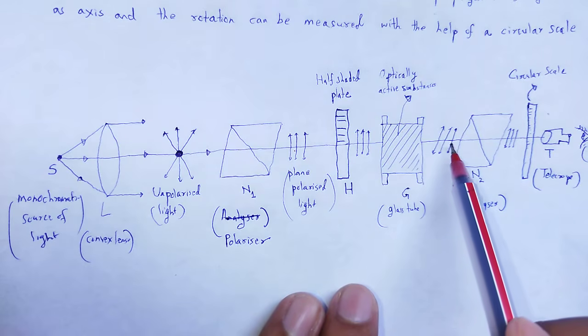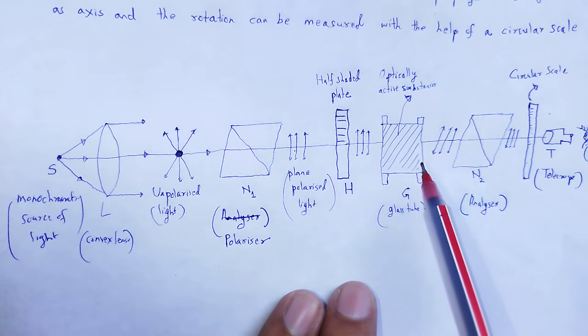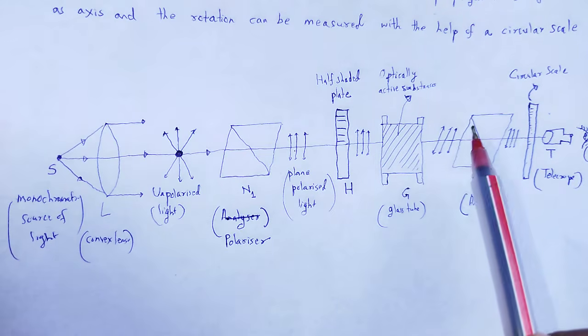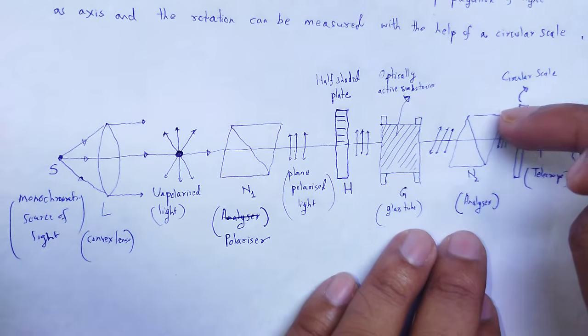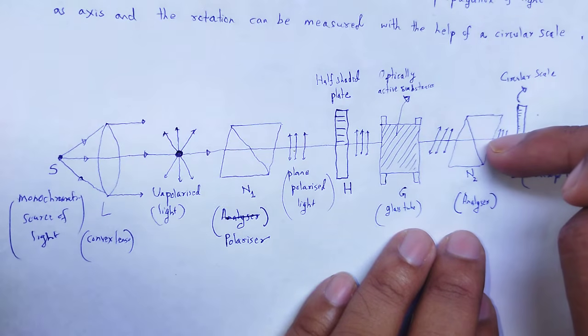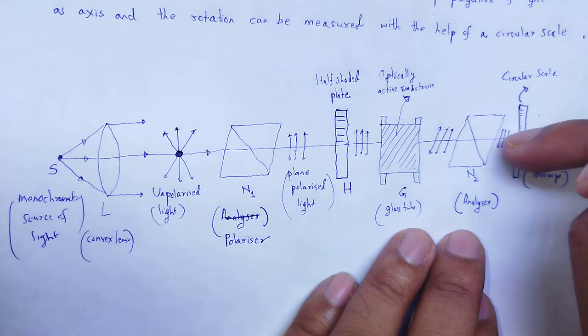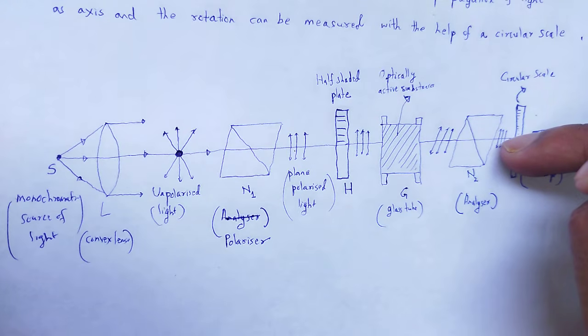The angle of rotation is understood by taking the minimum intensity or zero light after nickel prism N2, but in that situation it is not a fixed point; there is a range of points through which we obtain minimum intensity or no light. That is why it is difficult to point out the exact point at which we obtain zero intensity.